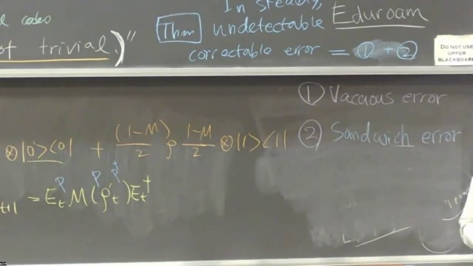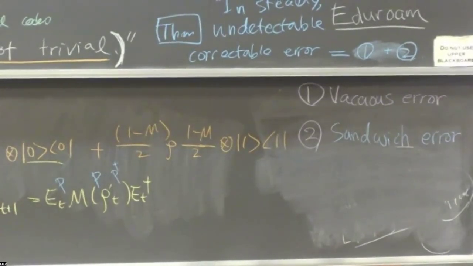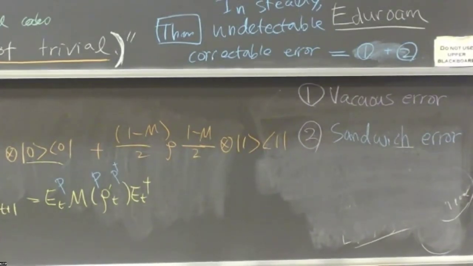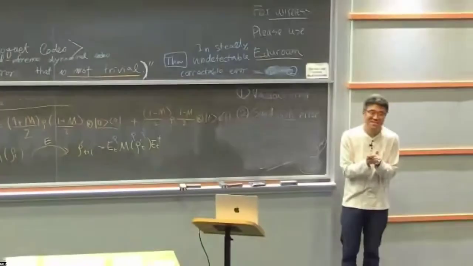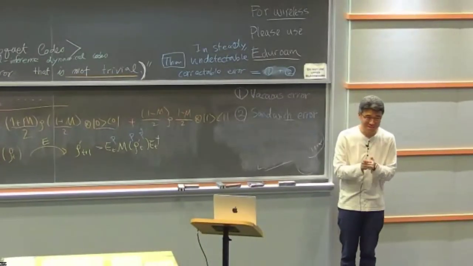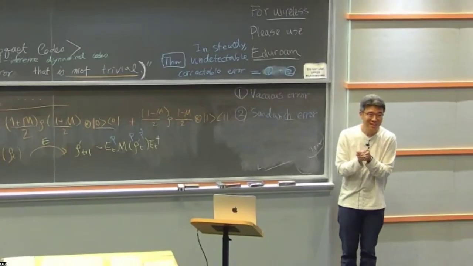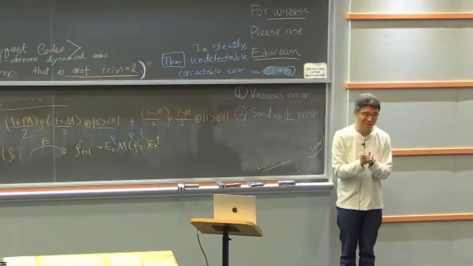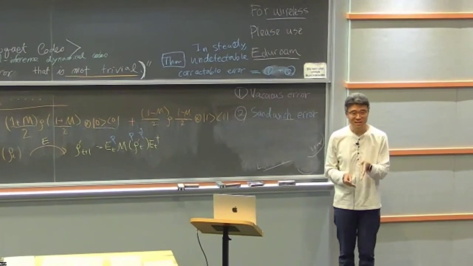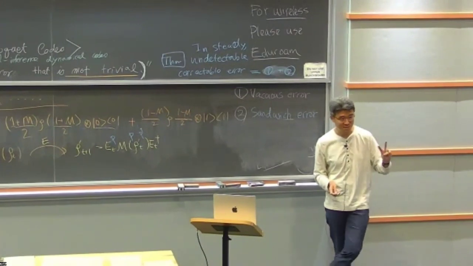So we should take it as a no-go theorem in a sense that other than these trivial cases, all undetectable errors are not correctable? Right. So it's just sad news. Yeah. Well, I'm just giving you an explicit set of trivial errors, quote unquote trivial, in complete analogy with the Pauli stabilizer static codes. In the static codes, undetectable errors come in exactly two classes, one trivial, the other non-trivial.